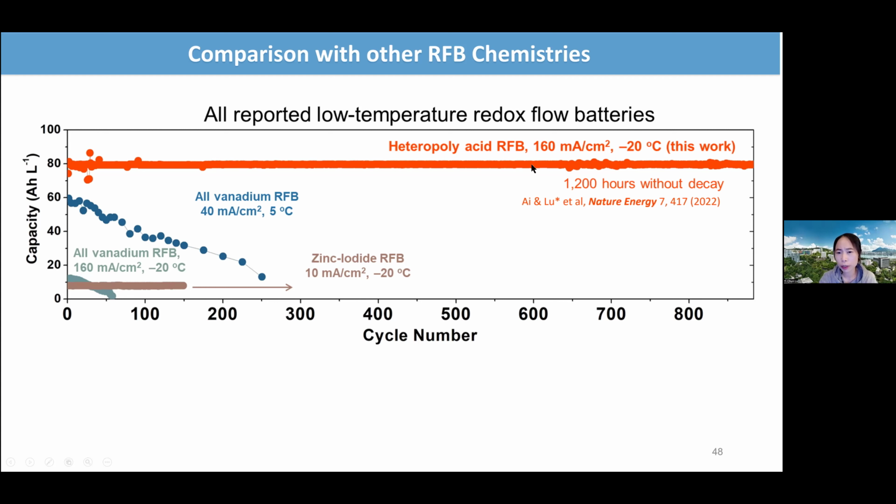But for HPOM, you can operate at a very high current density at negative 20 degrees Celsius. So this is also the comparison with other types, like zinc iodide, for instance, which also cannot sustain at low temperature.